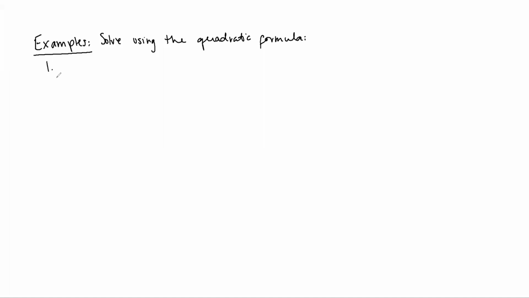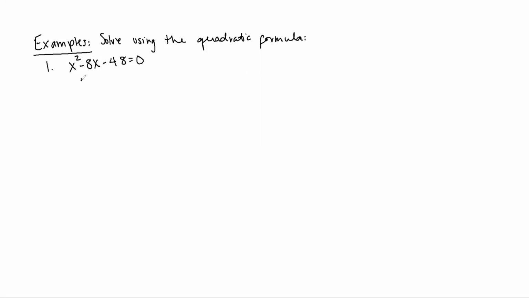And so this first one here, we're given x squared minus 8x minus 48 equals 0. So first thing we want to check is if this is in standard form, which it is. We have x squared, the x, and then the constant all on the left. Now, this is one that you would actually be able to solve using factoring, and this one would factor pretty nicely. But let's go ahead and use the quadratic formula to see kind of how this is going to work.